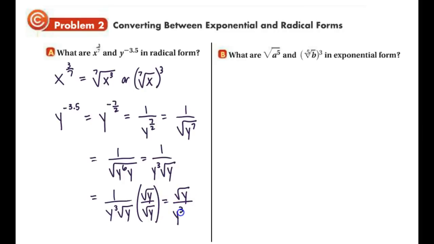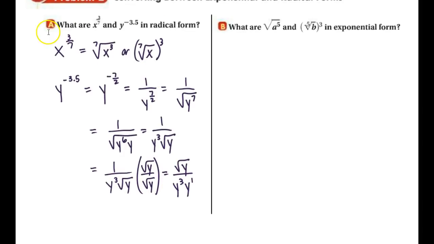The y to the third is still there, and when I multiply square root of y times itself, I just get y, so y to the first essentially. And simplifying that a little bit more, I can write this as square root of y over y to the fourth. So the original form, y to the negative 3.5 power, is equal to the square root of y divided by y to the fourth.